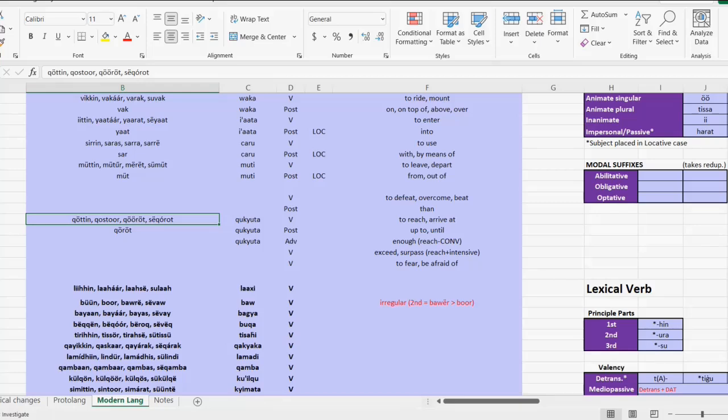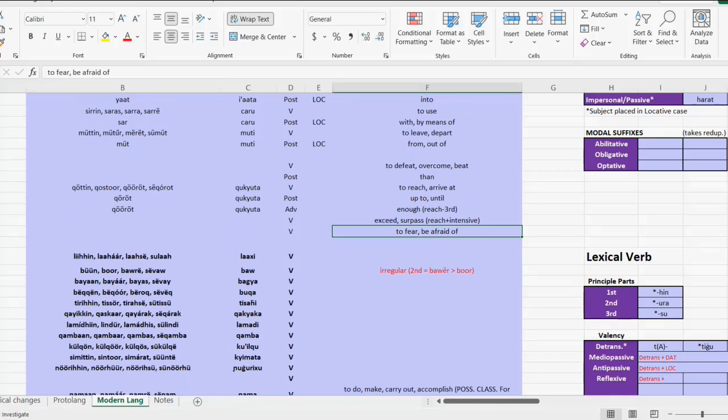I wonder if that would require an antipassive, because it is a transitive verb. I think we can get away with dropping the object here. At one point it may have been required to state an object, but once the construction forms, I think we can get away with just dropping the object. And I think the third principal part does make the most sense, because it's like the reaching has already been achieved. You have reached the point where it is now enough.